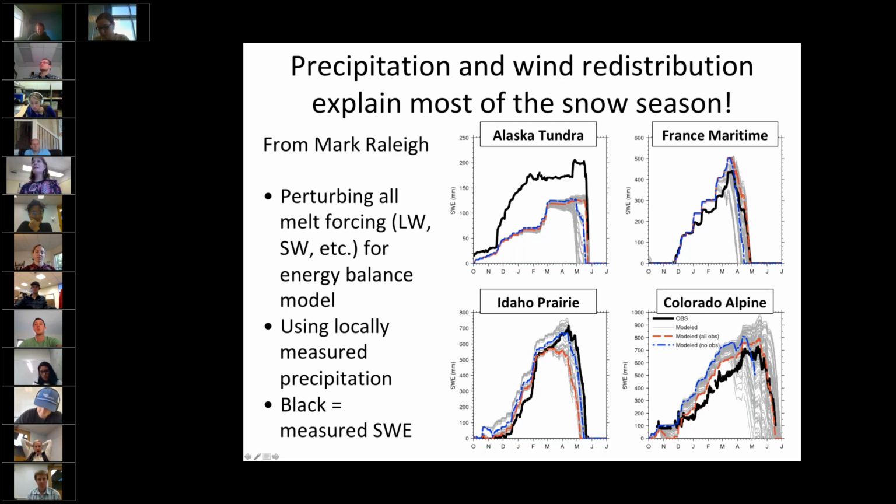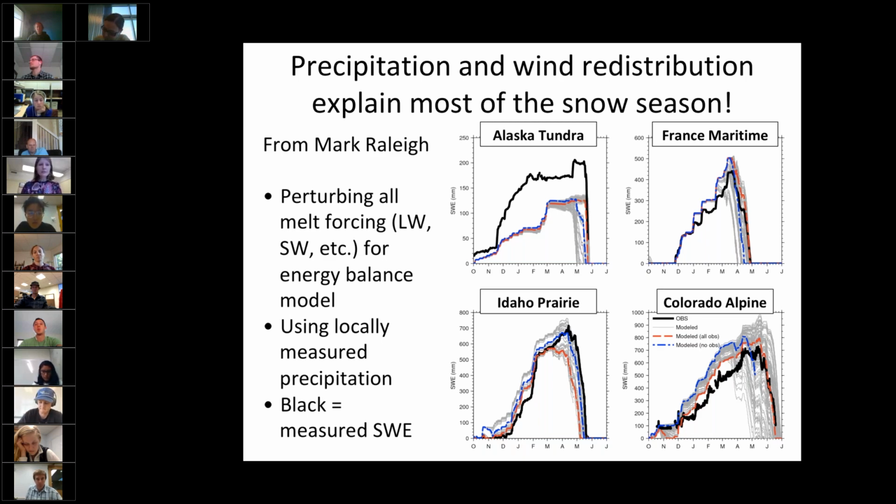The black line is the observations. The red line is a model if we use all observations that are available at the site. The blue line is what we get if we just empirically estimate all the observations. We presume that they're not available. And then the gray traces are all model simulations with all different combinations of estimating 1, 2, or 3 observations. Just different ways you can estimate things.